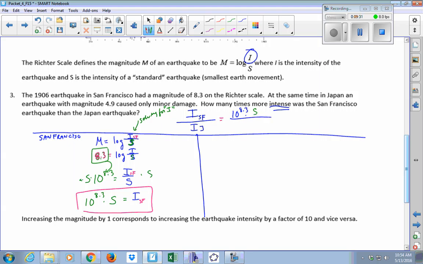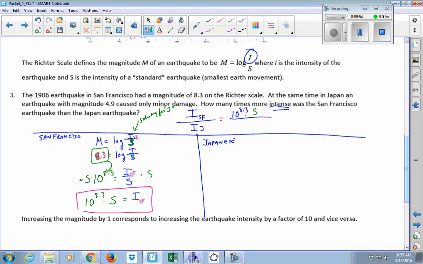So once I figure out the intensity of my Japanese earthquake, I just divide the two quantities. The S's won't matter because they're going to be the same in each. It will reduce to a factor of 1, right? So let's take a look at the Japanese earthquake and measure its intensity.